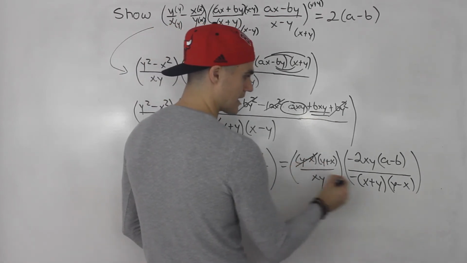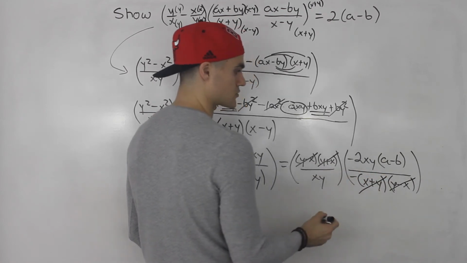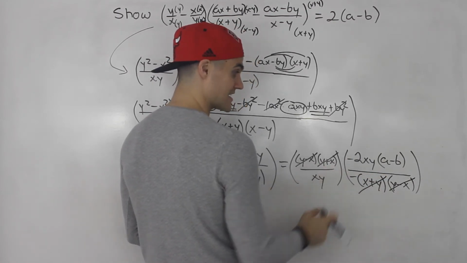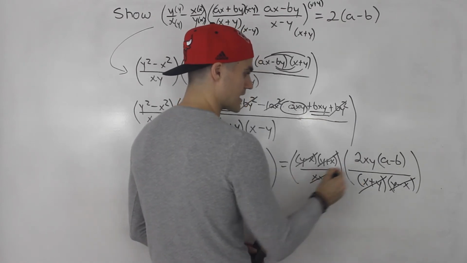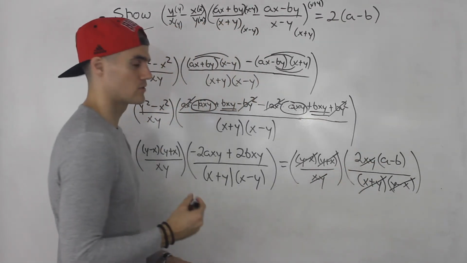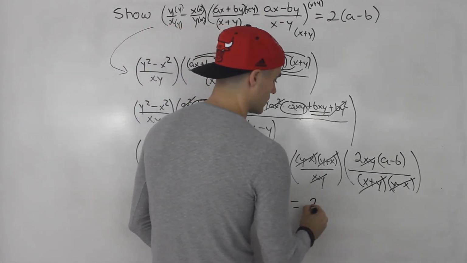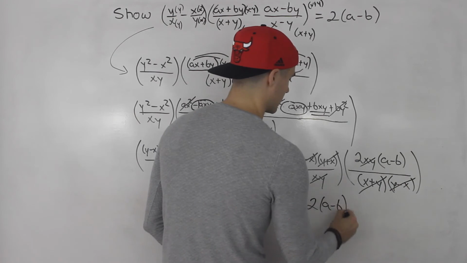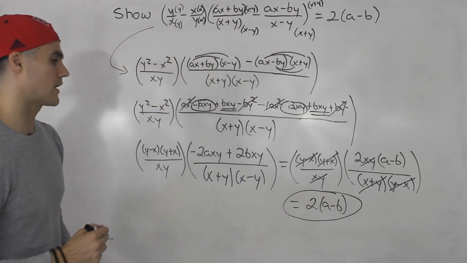This y minus x cancels out. Y plus x, x plus y, those are the same. This negative, those cancel out, so everything turns positive. And then this xy cancels out. What are we left with? 2 bracket a minus b, which is what we were proving. So that there is your final answer.